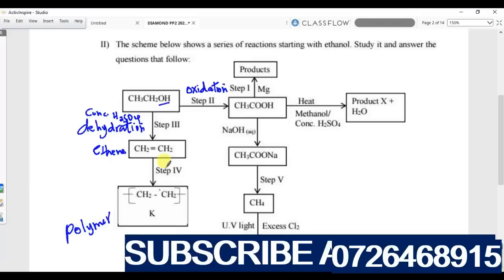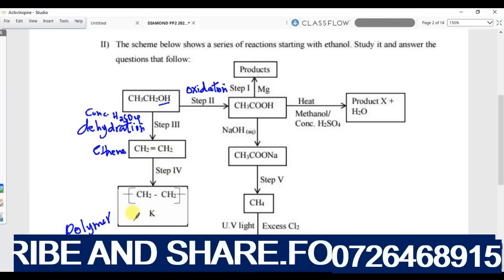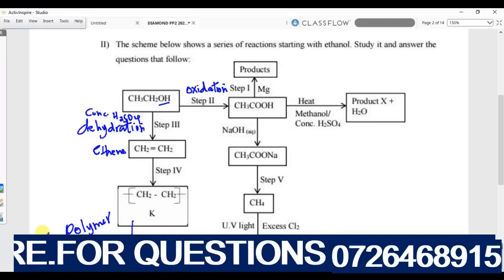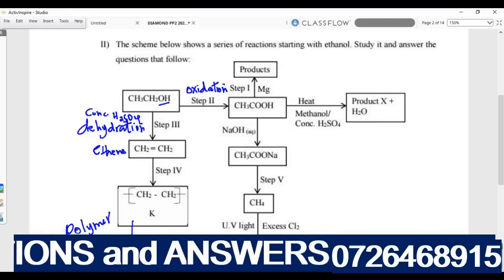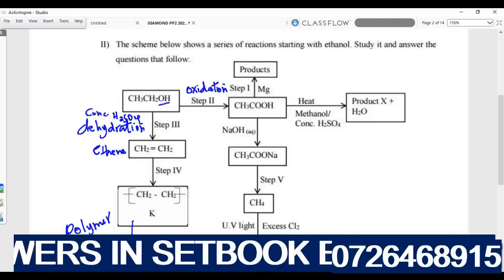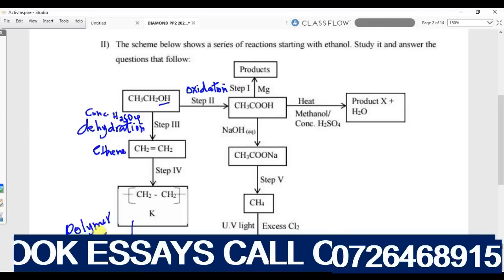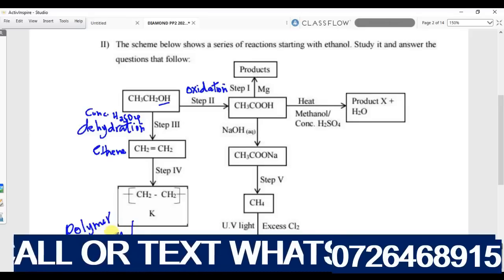Of course, this is ethene, so this is going to be polyethene. So K is polyethene. That one is obvious.